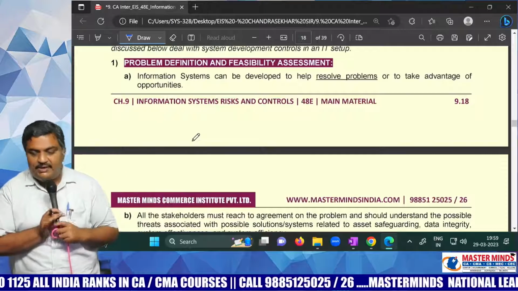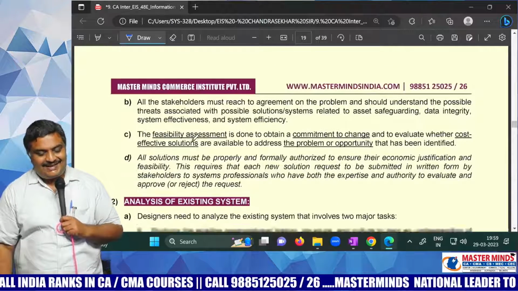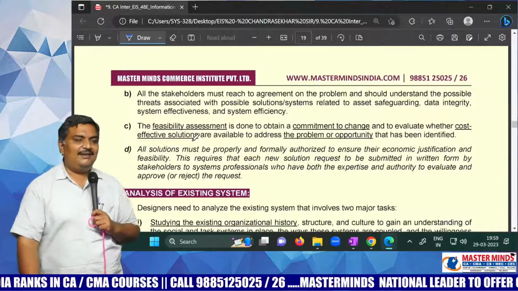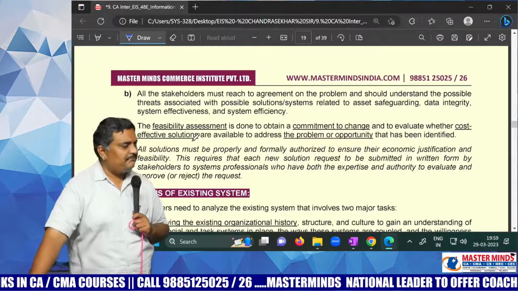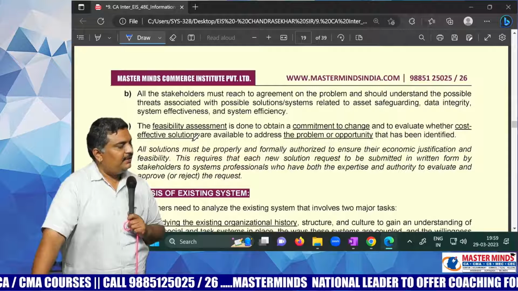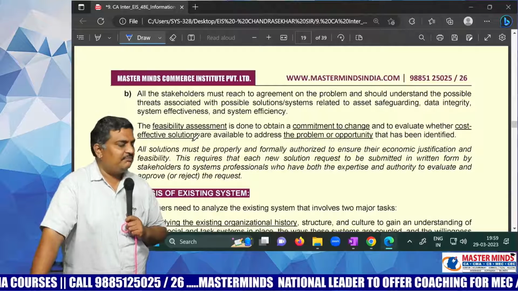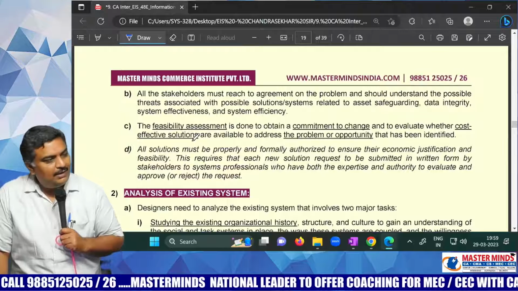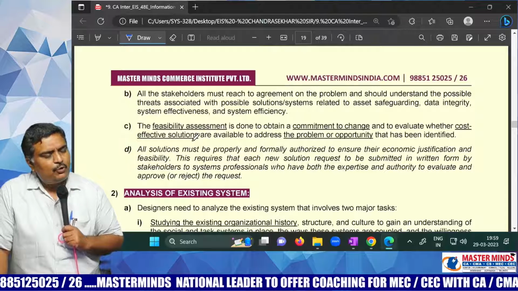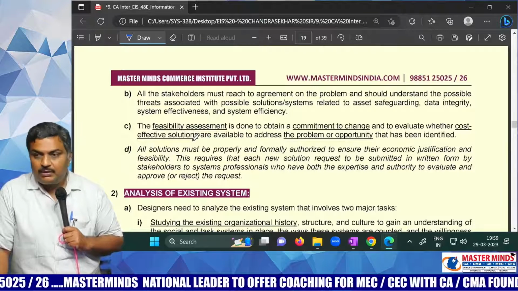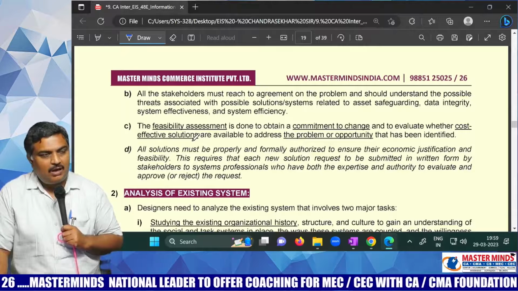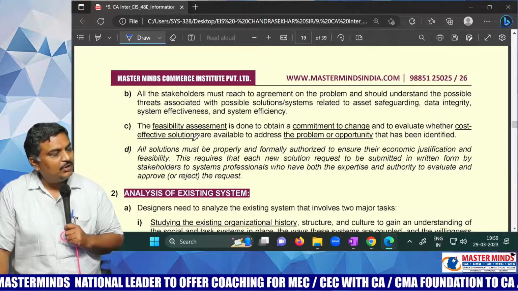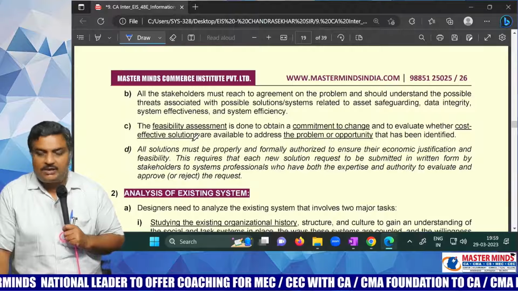Feasibility assessment means what? The software company said, sir, we will do it neatly. We understood the problem, we will do it. And they said, 4 crores, sir, bill. I thought it was 4 lakhs, but you are telling 4 crores.